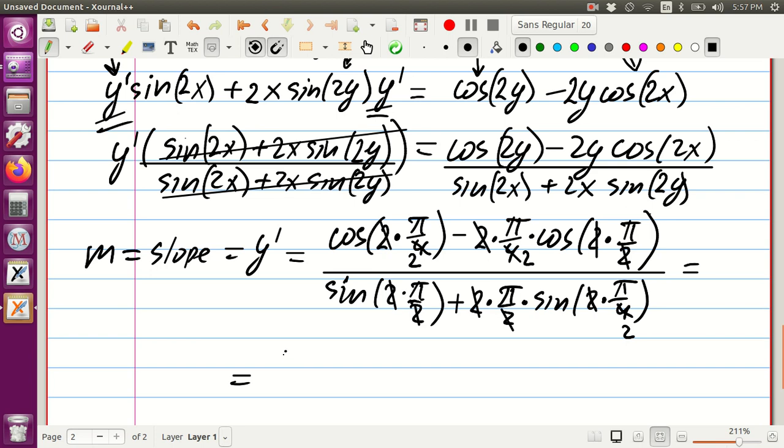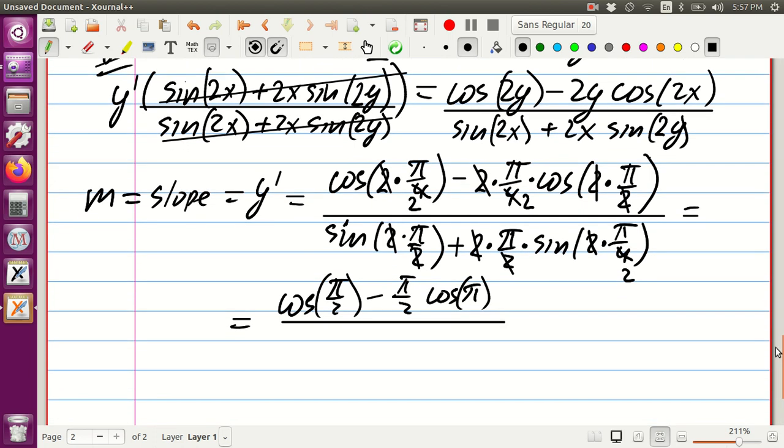We're left with cosine of pi over 2 minus pi over 2 times cosine of pi, and in the denominator we have sine of pi plus pi times sine of pi over 2.